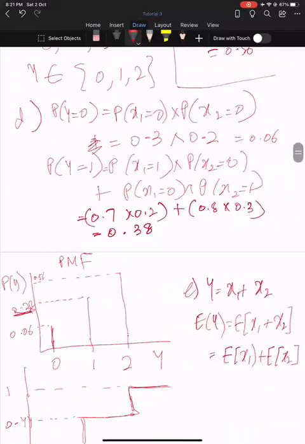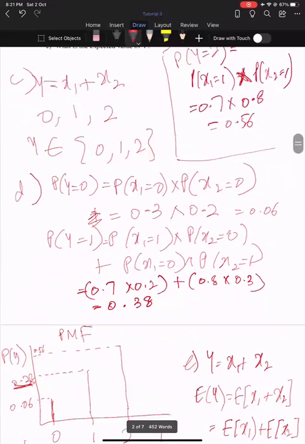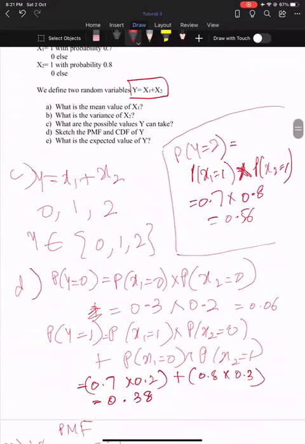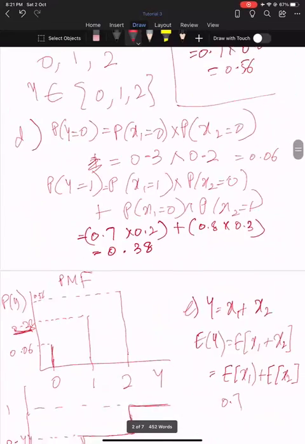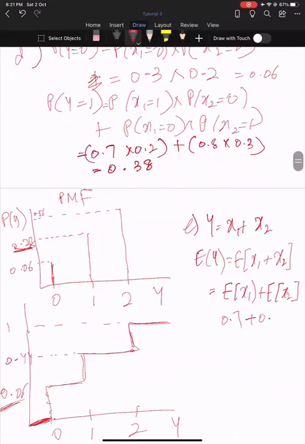Yep. And then expected value of x2, I think 0.8. Yep. So we get 1.5. This is the expected value of y.